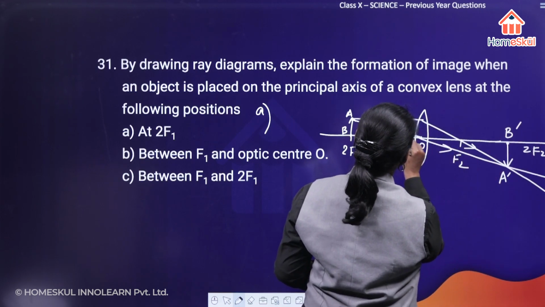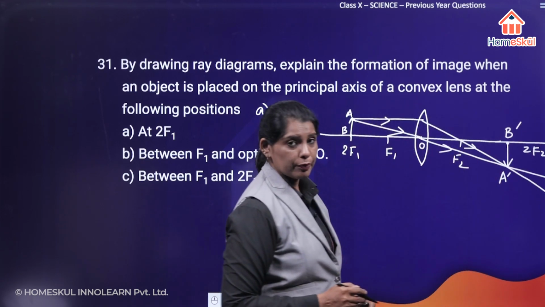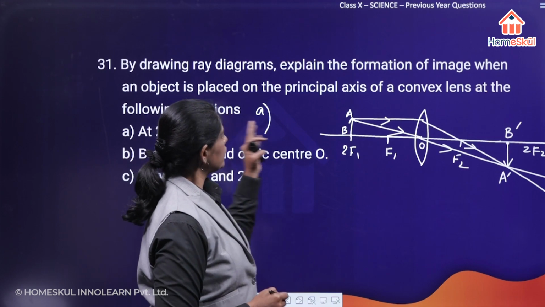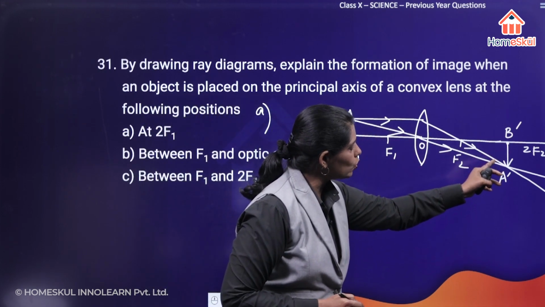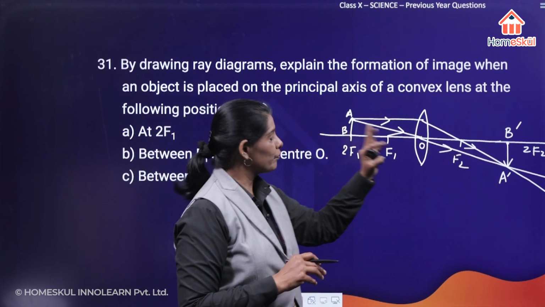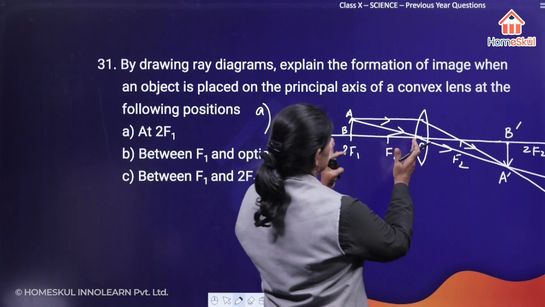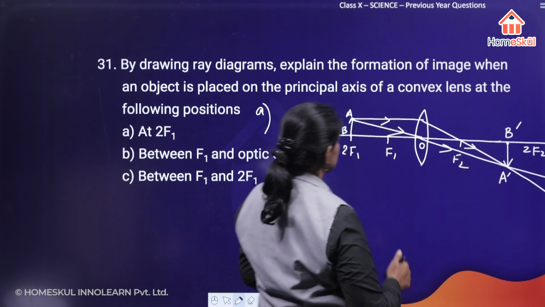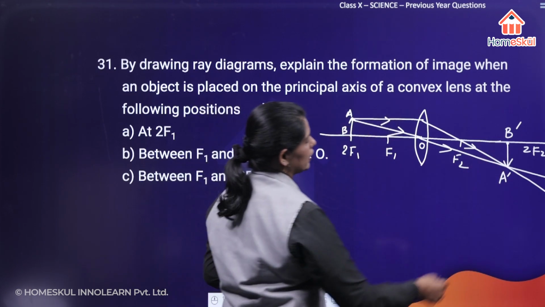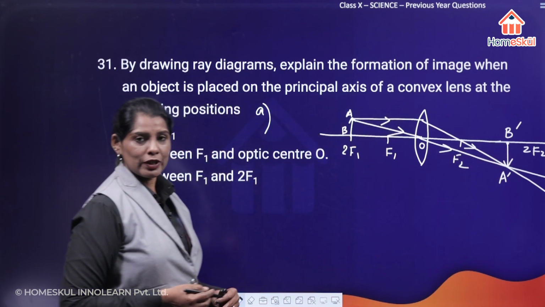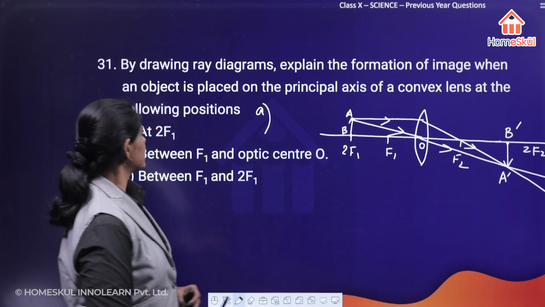Let's represent with the rays. Right, rays are very, very important. So when the object is at 2f1, we get the image also at 2f2, that is on the other side of the lens. The distance, you know that it remains the same, hence the size of the object and the size of the image is also the same. Okay, so that is our first case.